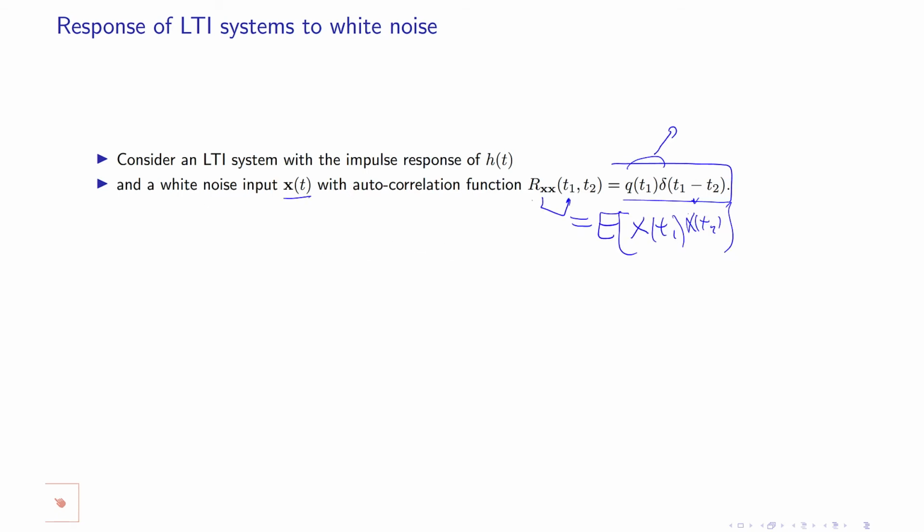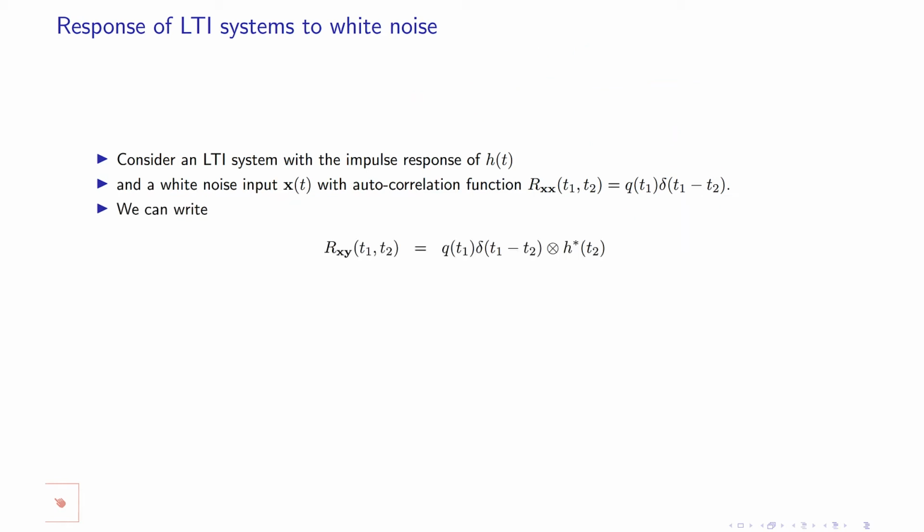This being white means that for any two samples of your random process at time t1 and at time t2, if t1 is not equal to t2, the samples x of t1 and x of t2 have cross correlation 0. That means that they are orthogonal.